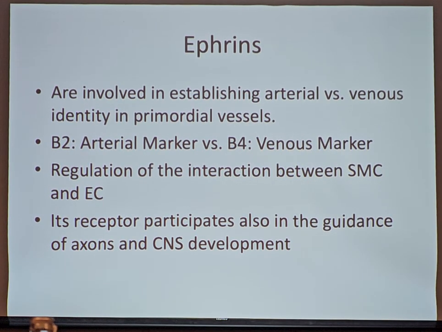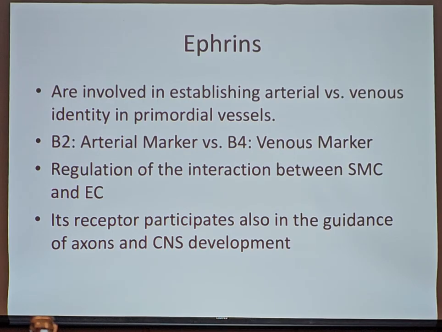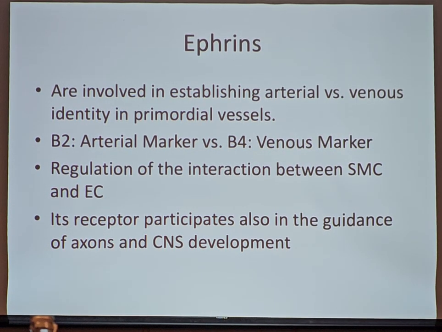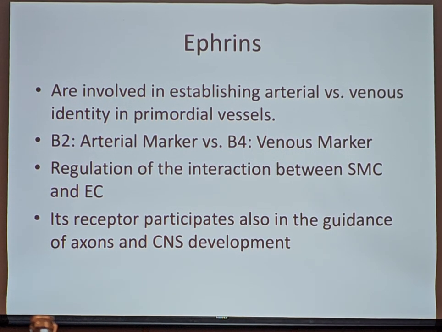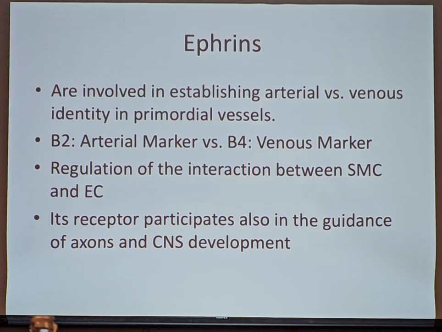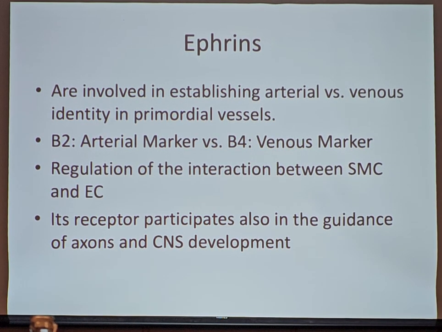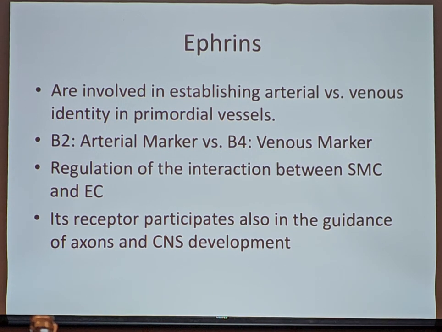That's the cortical dysplasia type 4. Or that there's an association with polymicrogyria and brain AVMs. And this is related to the fact that there's a disorder of the radial glial guidance that is mediated by your ephrin B4, as well as a disorder of your venous identity that is regulated by B4.